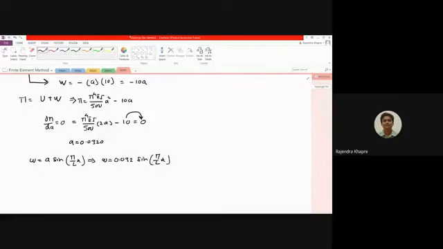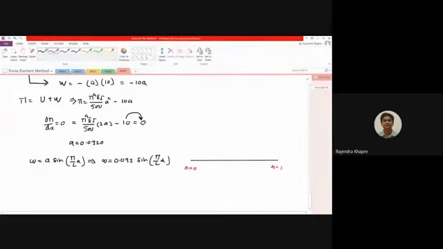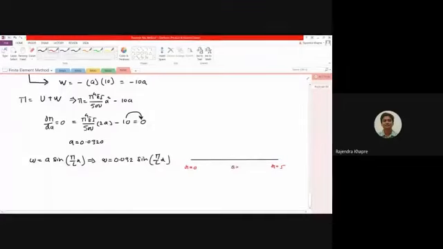So let me draw one diagram over here. At this point you have X value as 0, here you have X value as 5, and here you have X value as 2.5. I'm talking about these 3 points.